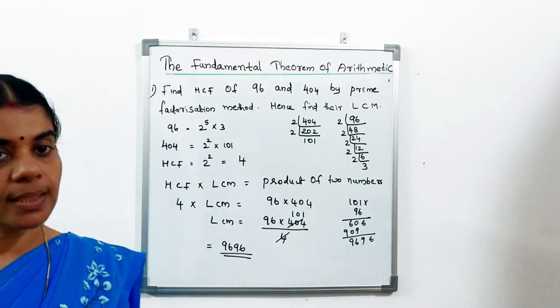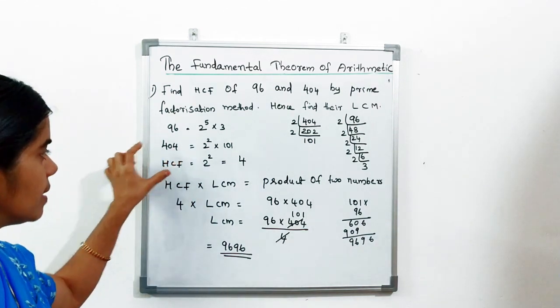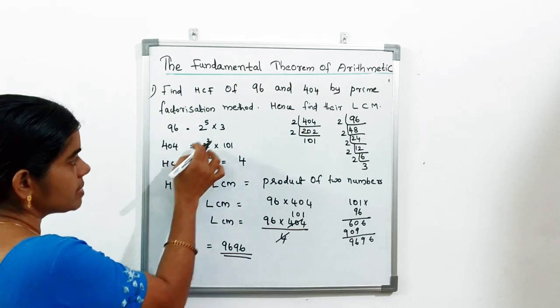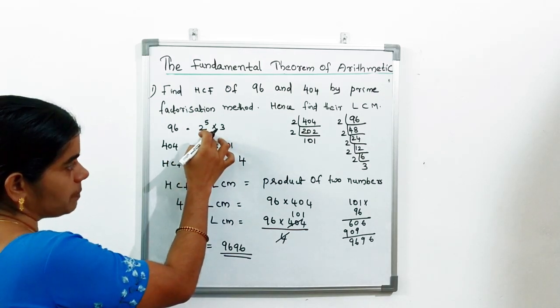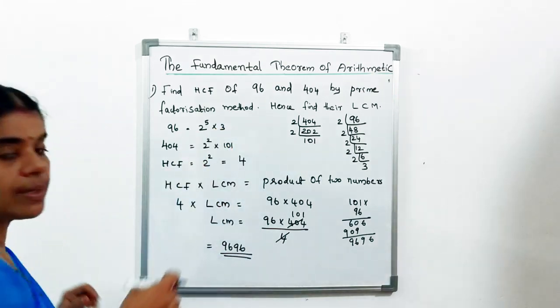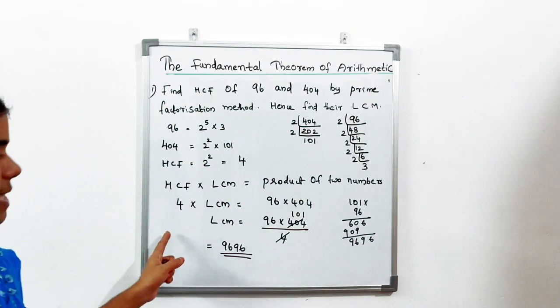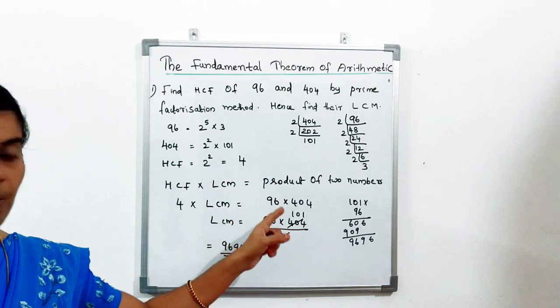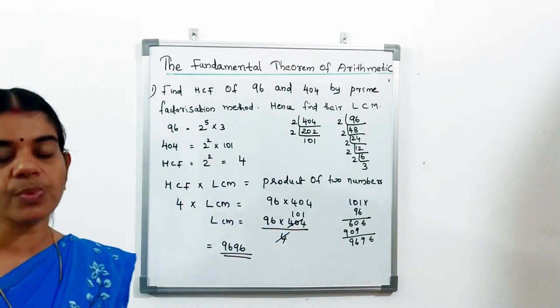The same way we can find it here: LCM means the highest power. Then 2 raised to 5 into 3 into 101. This way also we will get it. This is another method, HCF into LCM is equal to the product. Then 9696 will be the LCM.